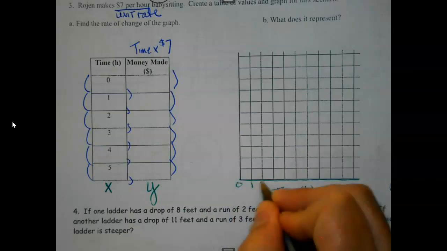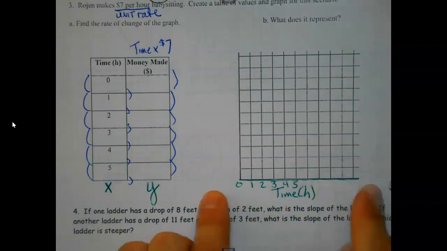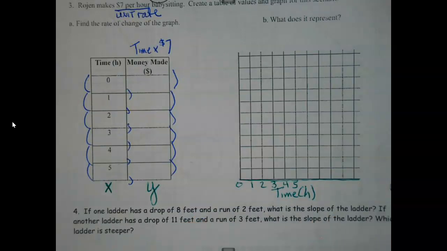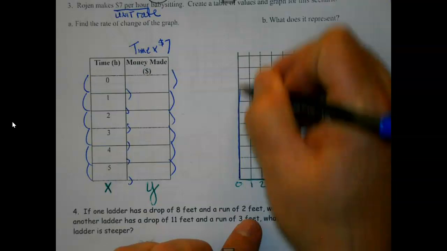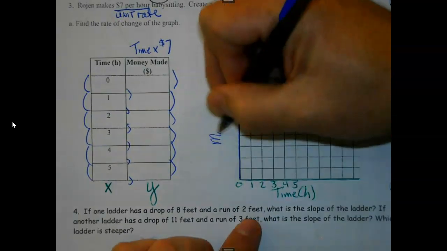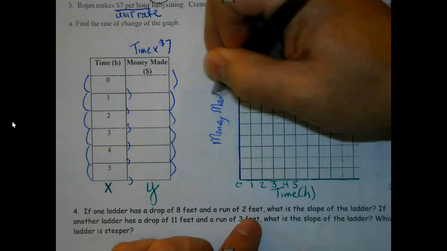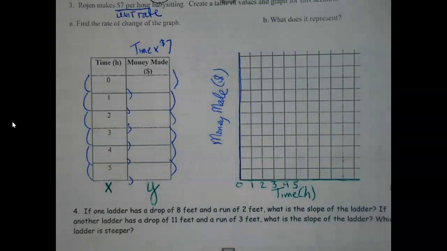And I mean, you can space it out more. You can do 0, 1, 2, 3, 4. You can spread it way out if you wanted to. And then my y-axis is going to be my money made in dollars.